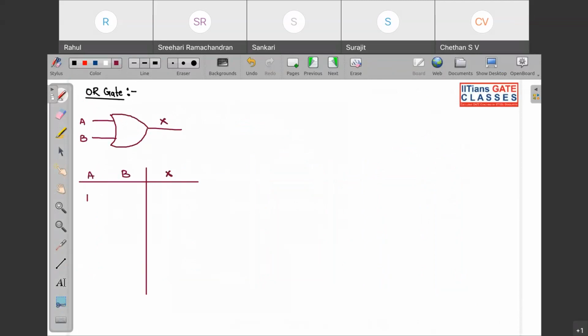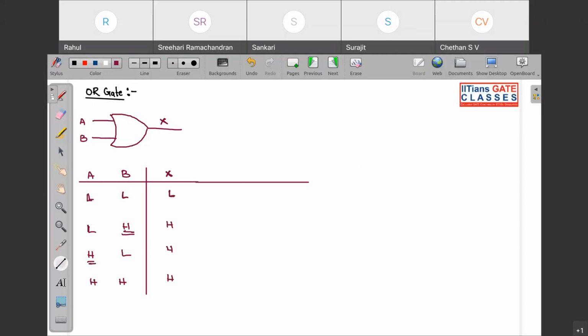So this is your truth table. This will be low, this will be high, this will be low. Why? Because both the inputs are low. Here you can see any one of the inputs is high. Here both the inputs are high, so this will be high.